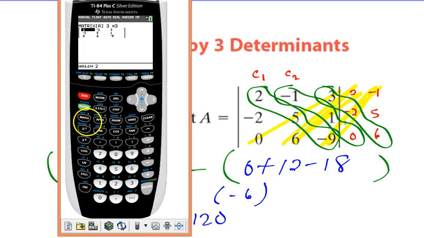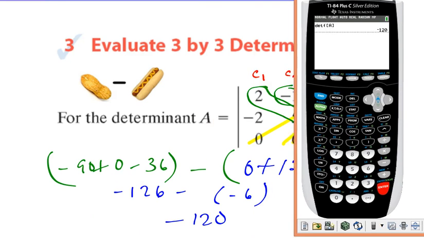I'll do second quit just to pop out of that. Go back into second matrix, go to math. And the very first one, number 1, is determinants. Second matrix, pull up determinant of matrix A, and there I verified negative 120.